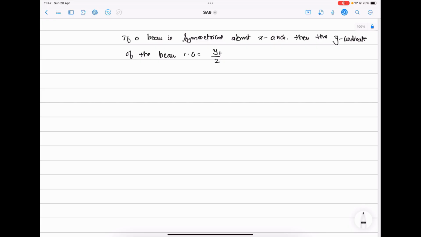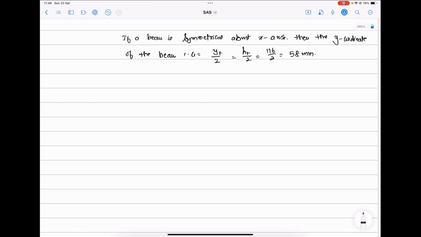That's what we have seen in the previous examples. That is equal to ht by 2, that is equal to 116 by 2. This is 58 mm.